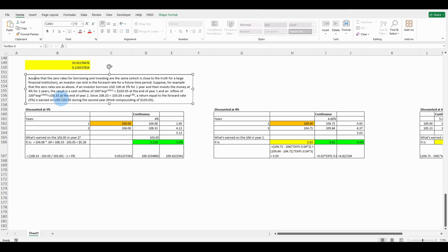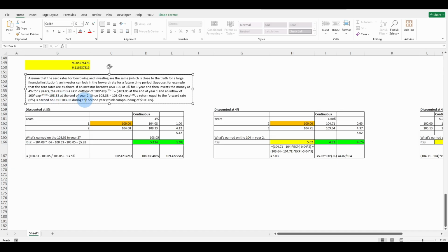If an investor borrows US$100 at 3% for 1 year and invests that money at 4% for 2 years, the result is a cash outflow of 100 and then, with continuous compounding, 100 times e^(0.03 times 1) is equal to 103.05 at the end of year 1, and an inflow of 100 times e^(0.04 times 2), which is 108.33, at the end of year 2. Since 108.33 is equal to 103.05 times e^0.05, a return equal to the forward rate of 5% is earned on US$103.05 during the second year.